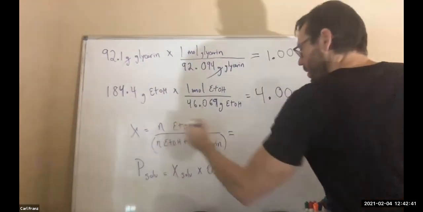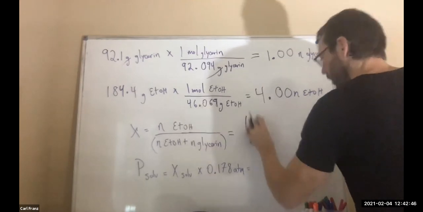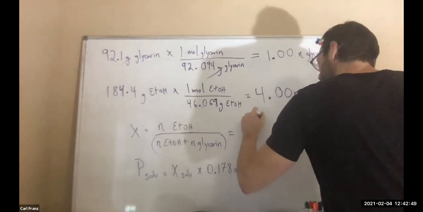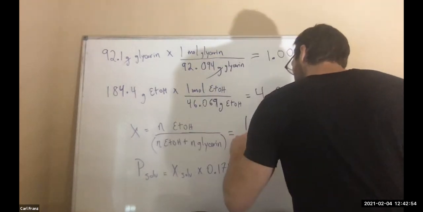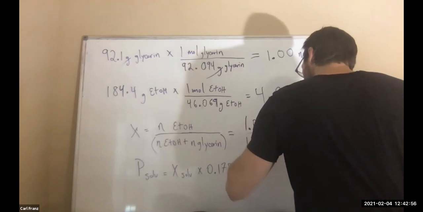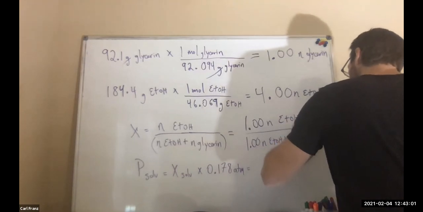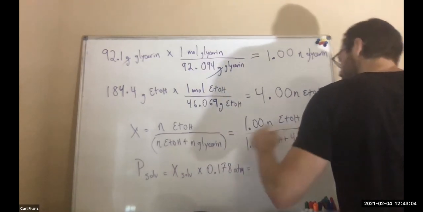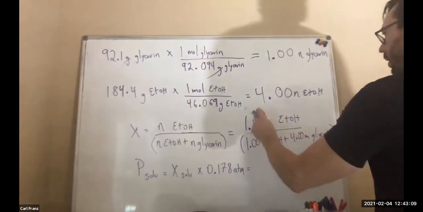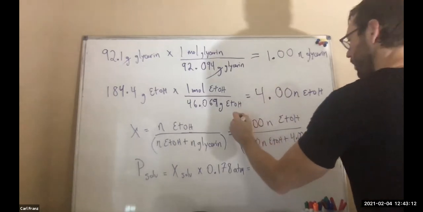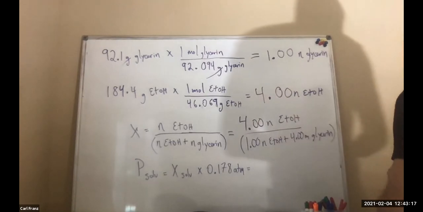So it's just going to be, well, let's get our sig figs, 1.00 moles over 1.00 moles plus 4.00 moles, essentially 1 divided by 5. I'm sorry, this is 4, that should be 4. Yeah, 4 moles. 4 divided by 5, right?